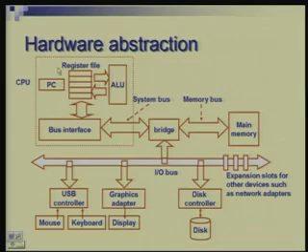The hardware itself again has several layers of abstraction. One major module there is the CPU or the processor. CPU is the central processing unit. You have memory, you have input output devices and their controllers.